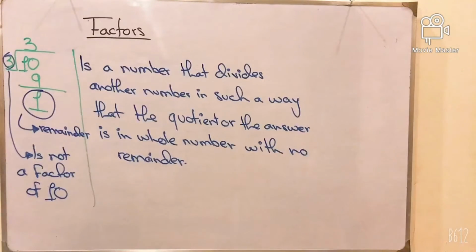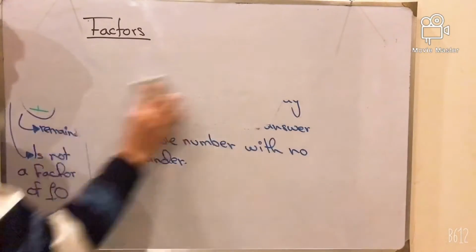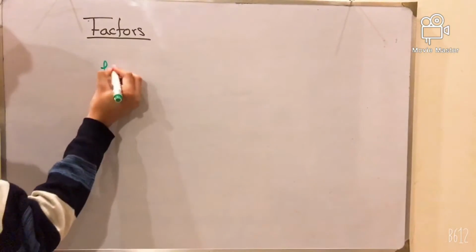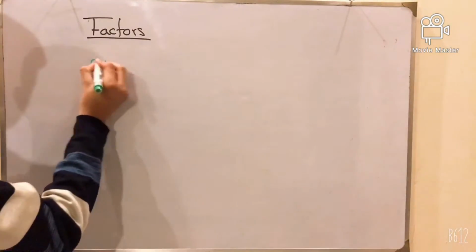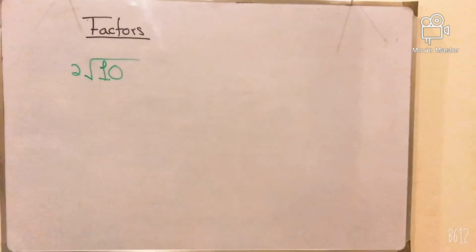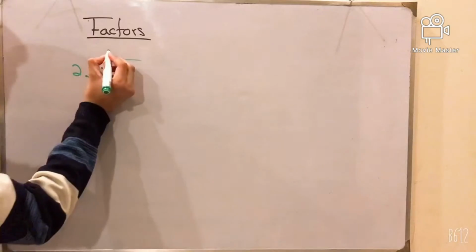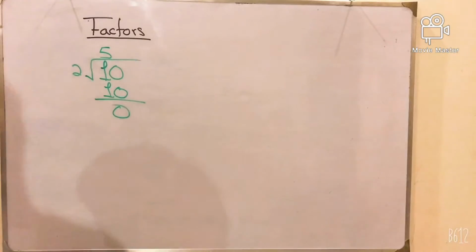Now let's take another example. So let's take number 10 again, but this time we will divide this by 2. So we know that 2 times 1 is 2, 2 times 2 is 4, 2 times 3 is 6, 2 times 4 is 8 and 2 times 5 is 10. So we will write 5 over here, 10 over here, and the remainder will be 0.